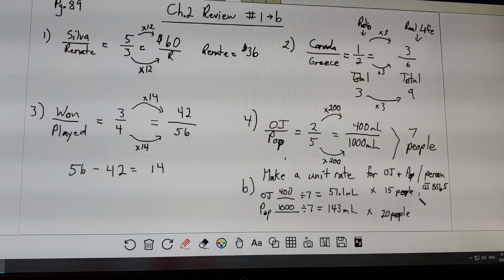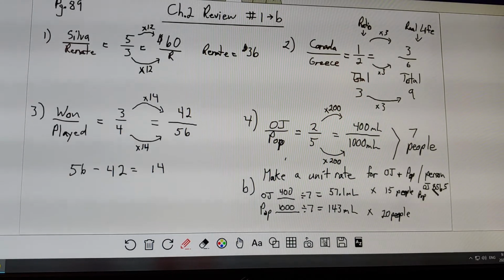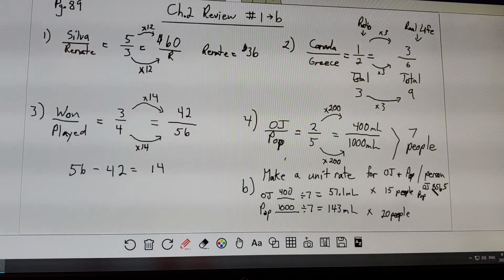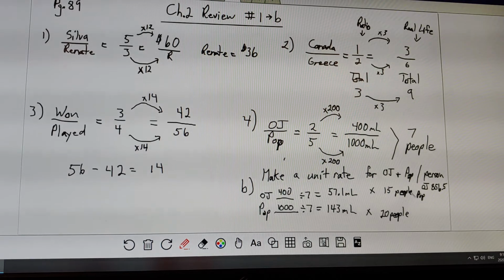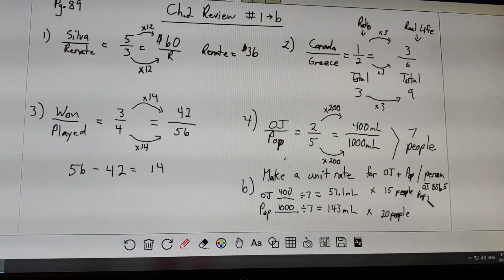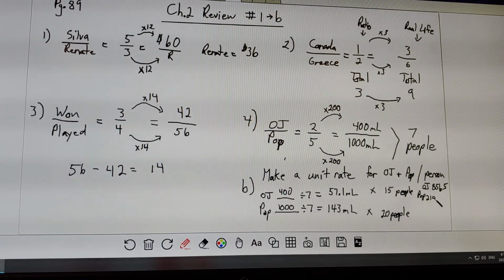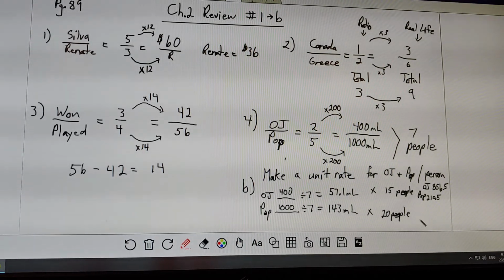For pop, I'm doing 143 multiplied by 15 equals 2,145 milliliters. And then we can do the same down here.